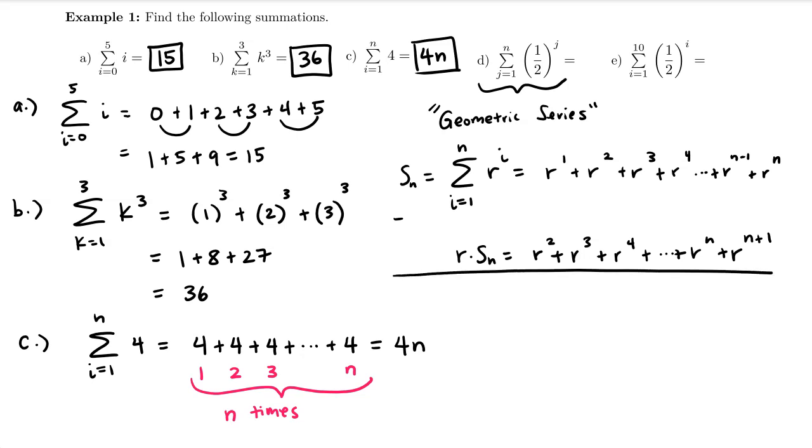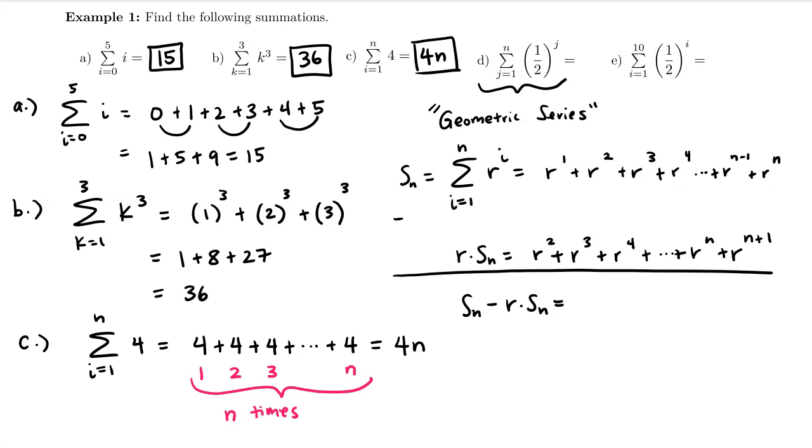So on the left-hand side, I have s sub n minus r times s sub n. What that means is we're essentially taking all of these terms and subtracting all of these terms here.